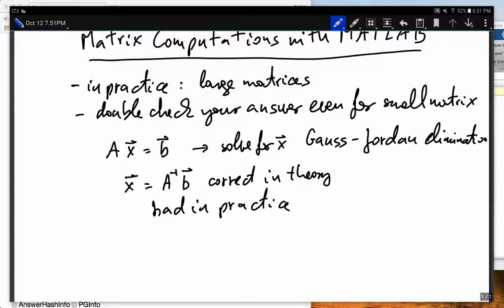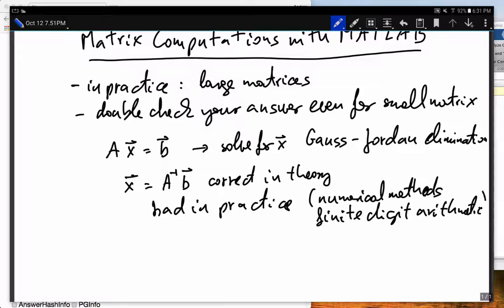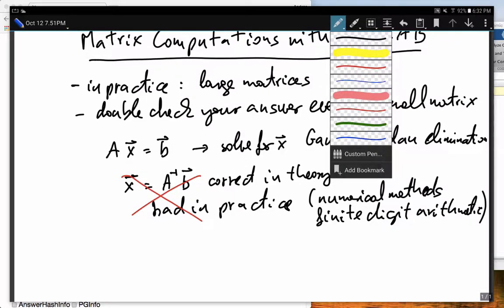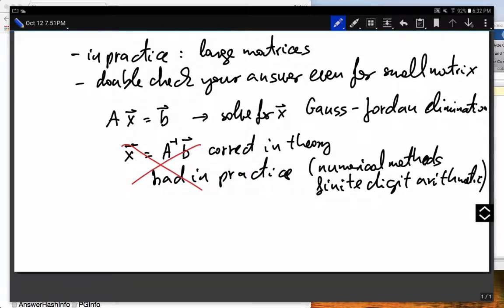I don't want to go into much detail with this. So this is related to numerical methods and also the finite digit arithmetic of the computer. So don't solve a linear system using the inverse matrix.